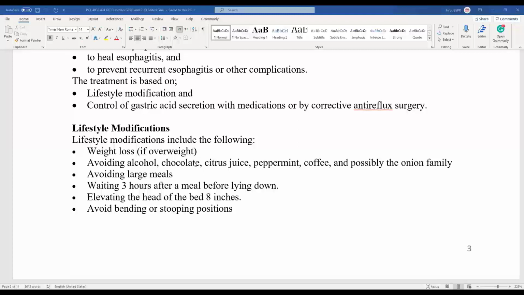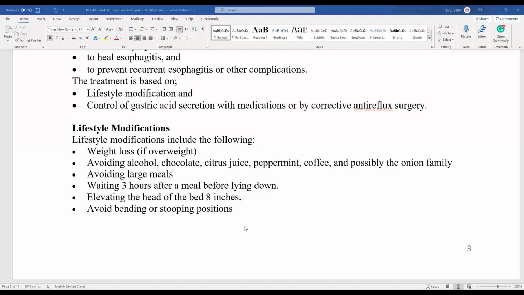It doesn't mean you should forgo chocolate completely, but you limit the quantity you take per time and how frequently you take it. Then also coffee, you limit the amount and frequency as much as possible. Avoid large meals. Wait like 3 hours after a meal before lying down.